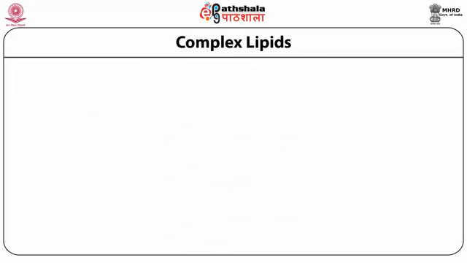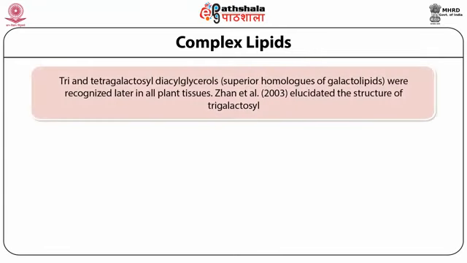After the monogalactosyl diacylglycerol and digalactosyl diacylglycerol, trigalactosyl diacylglycerol and tetragalactosyl diacylglycerols, which are the superior homologs of galactolipids, were also recognized in the plant tissues.